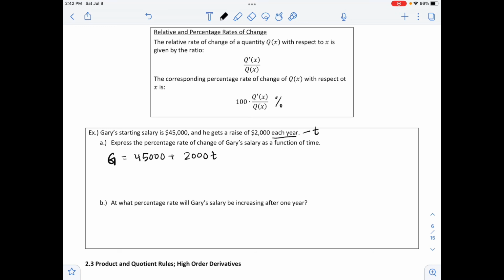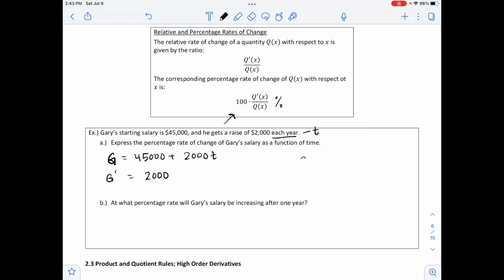So after his first year, he'll get the 45,000 plus the 2,000 times 1, so 47,000, and so on. And so in order to do this, we need to take a derivative for our percentage rate of change. And so the percentage rate of change that we have is going to be given in the box right above. And so we have G prime of T for this problem, and this is just going to be 2,000, since 45,000 is just a constant and the derivative of 2,000 T is 2,000.